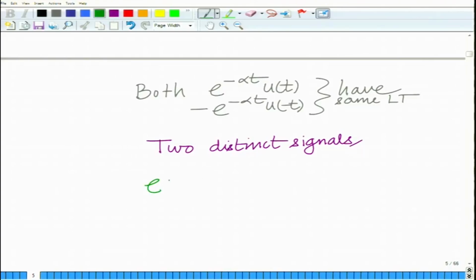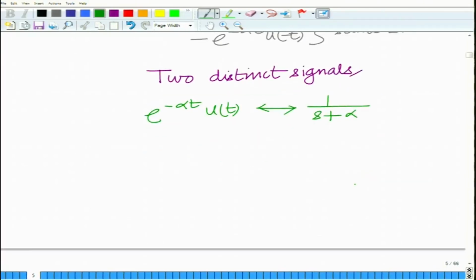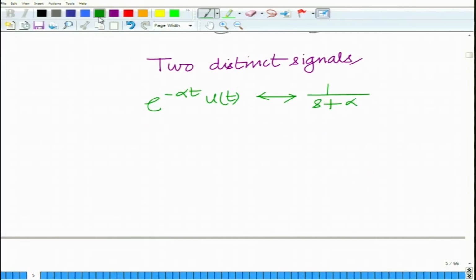You have e raised to minus alpha t u t has the Laplace transform 1 over s plus alpha, and e raised to minus alpha t u minus t also has the Laplace transform 1 over s plus alpha. But notice that the ROCs of both are different.